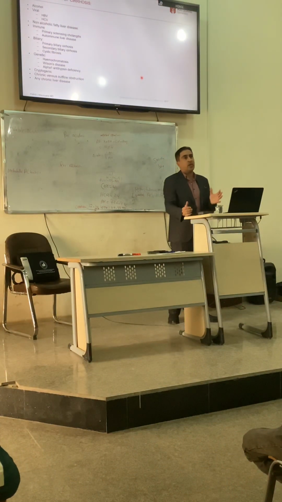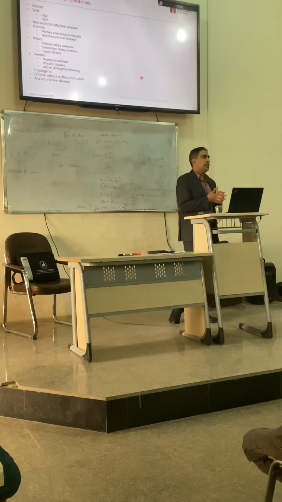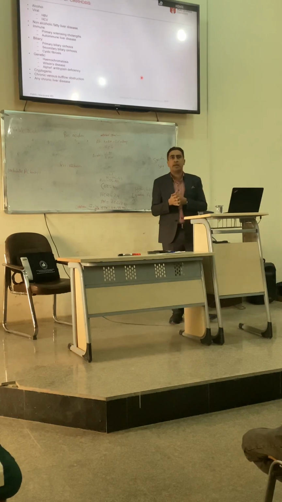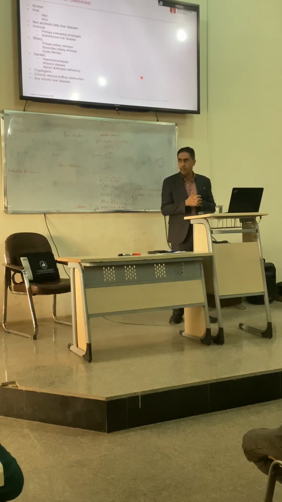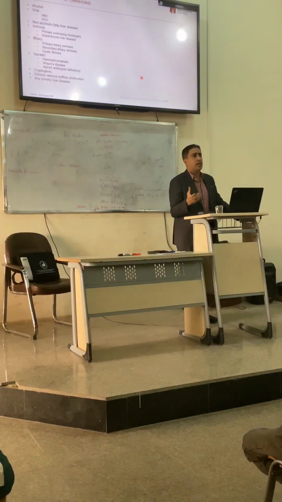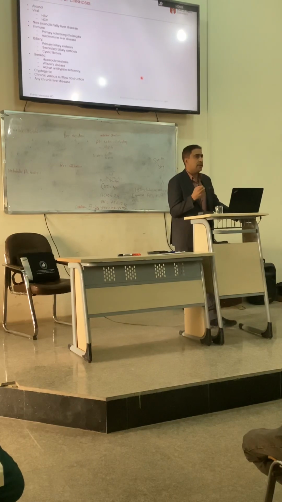The disease of the era nowadays is obesity, and fatty liver disease caused by diabetes mellitus and by obesity. Many patients become obese, and they don't know whether they have steatosis or not.